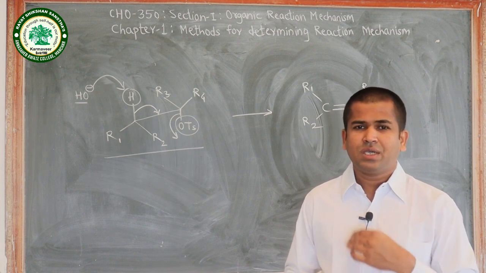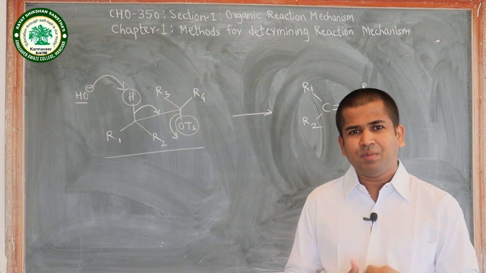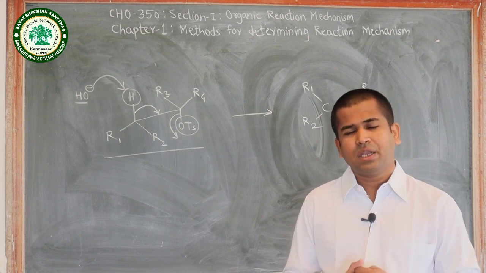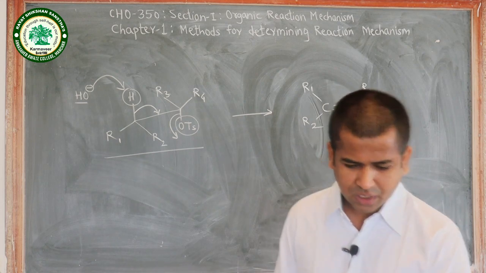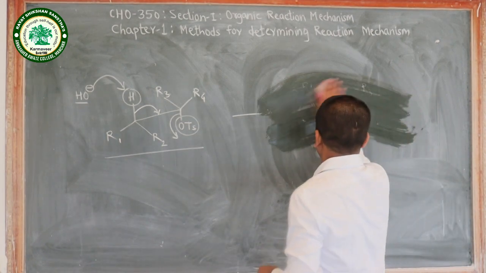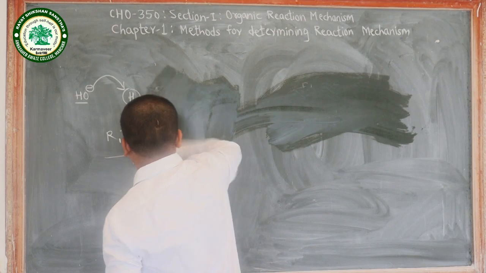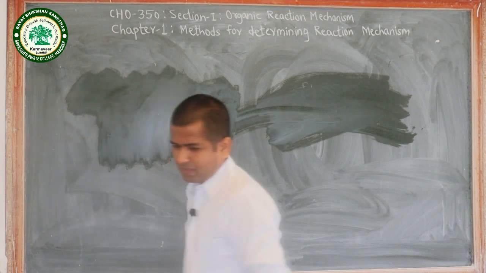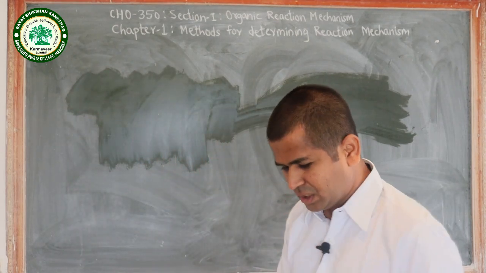So now we consider different examples and compare the rates of the reactions. The first one is the ring closing reaction.